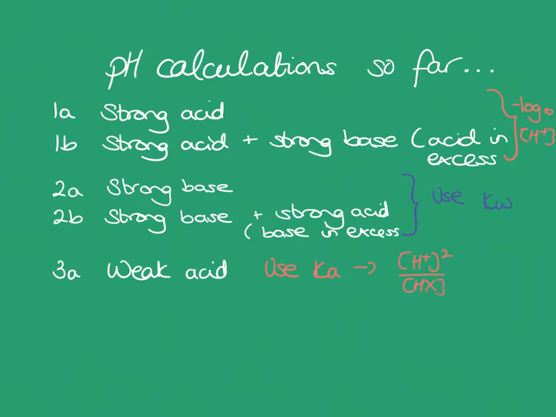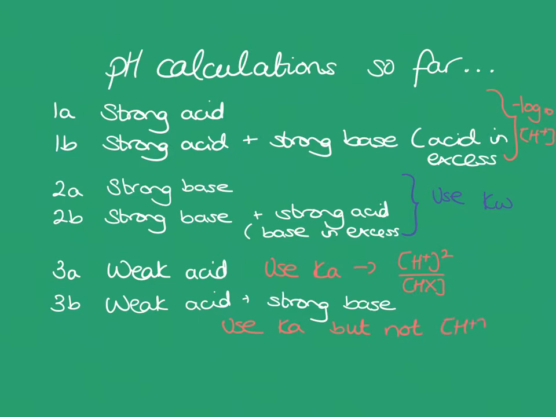over the undissociated acid. Now, the next one we're going to consider is, as you probably could predict from this list, a weak acid plus a strong base. And for this one, you do use Ka, but not the H plus squared approximation.